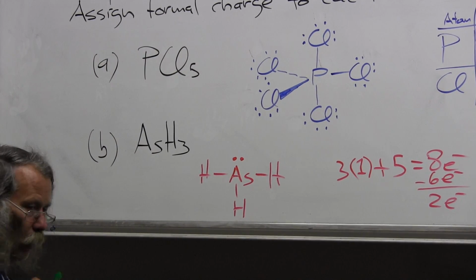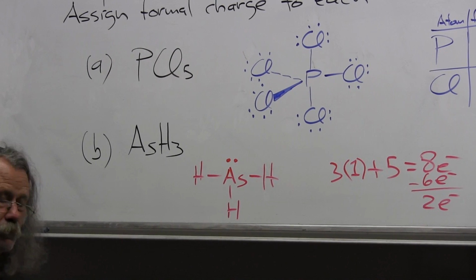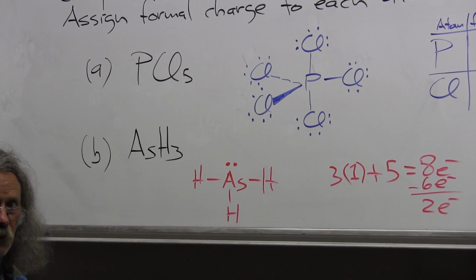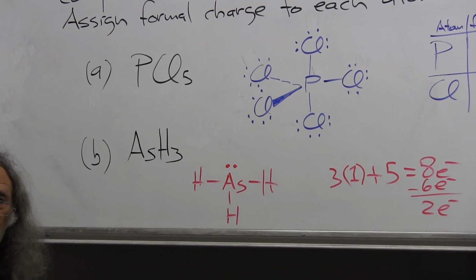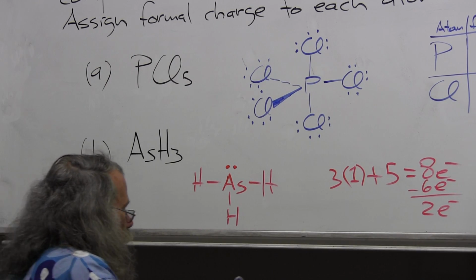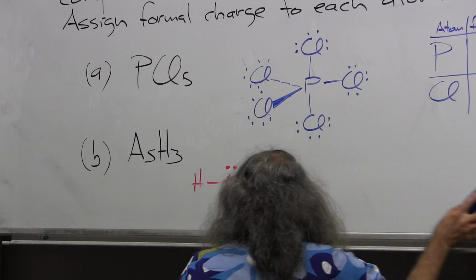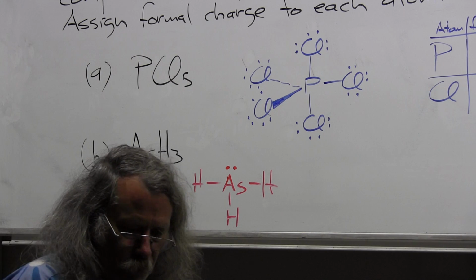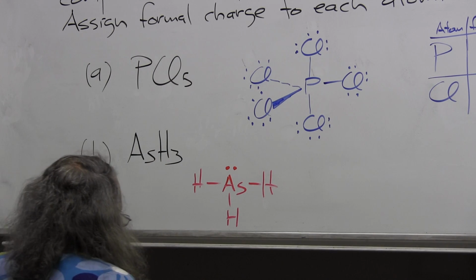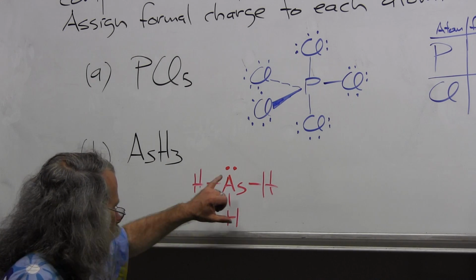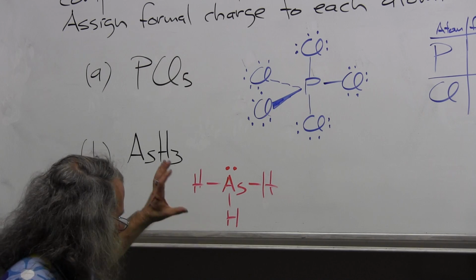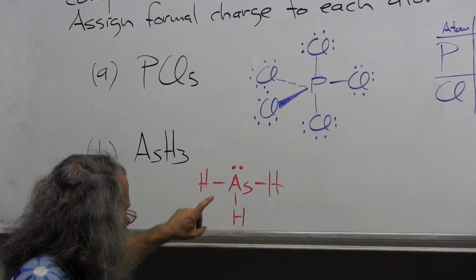And you always do this before you start debating whether or not we're going to form a multiple bond. We'll see an example of that shortly. And so now, having done that work, I want to determine whether or not I've satisfied Lewis dot constraints, or Lewis dot demands.